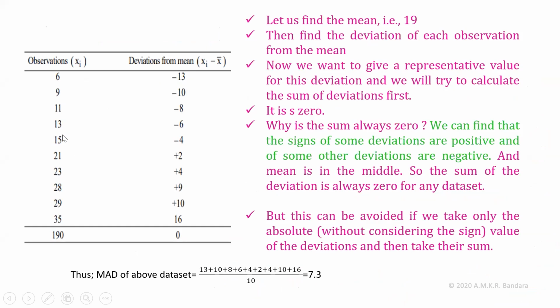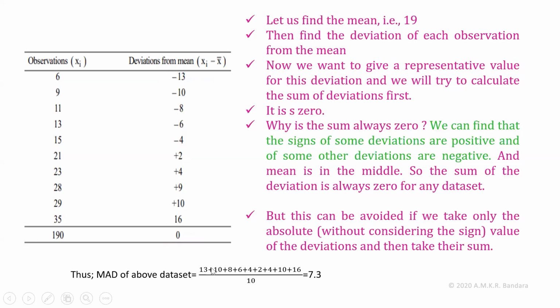likewise. Here, when we calculate the mean and deviation, you can see this is the deviation of the first observation from the mean. This is the deviation of the second observation from the mean. When we add these deviations, the value is 0. To overcome that, what we are doing is ignoring this sign. We ignore minus here and ignore plus here.